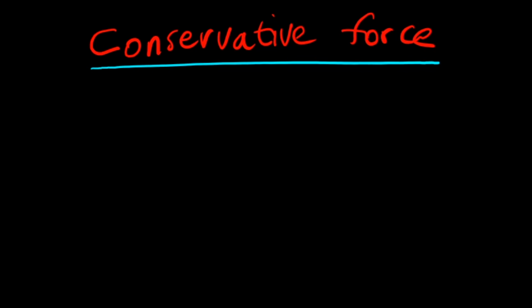Now we all know that gravitational force, whether the object is going up or down, the direction of the gravitational force will always be downwards. So it's independent of the path taken by the object. Whether the object goes up or down, the gravitational force will always point downwards. So we say gravitational force is one of the conservative forces.